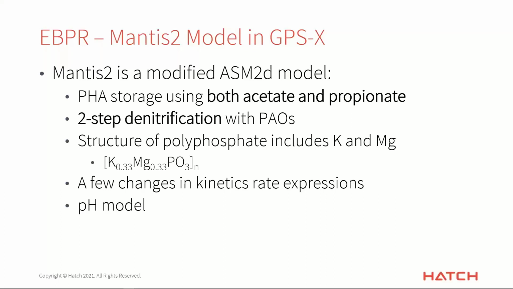So you'll see things like calcium and magnesium and so on. And then we've expanded the way that the kinetics work in the model. Over the years we've added more components to the model. We've made the model a little bit more sophisticated, and then added the pH model and the gas transfer and other things that are not regularly part of ASM 2D.